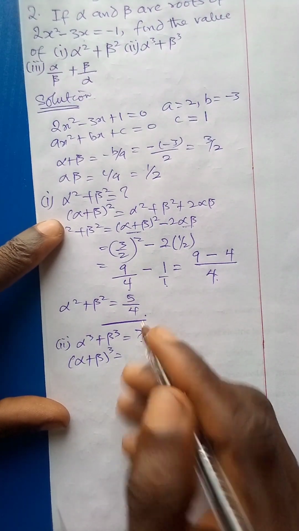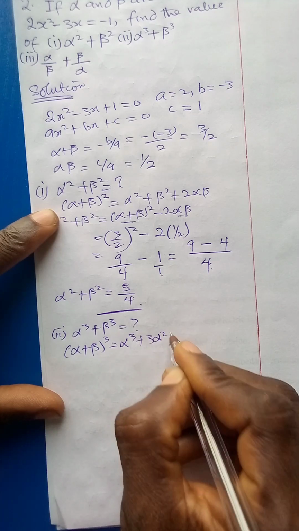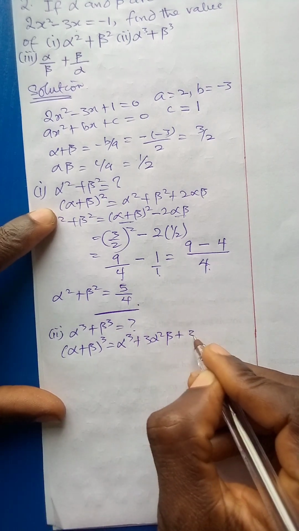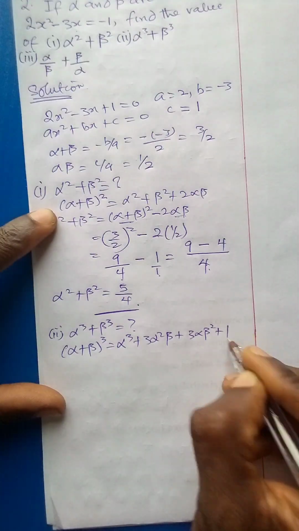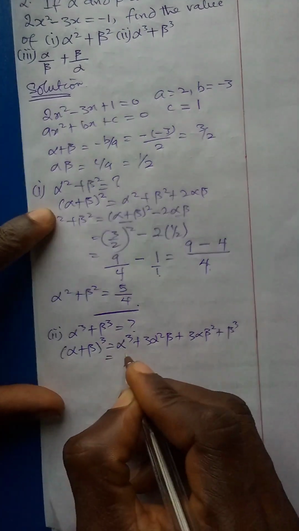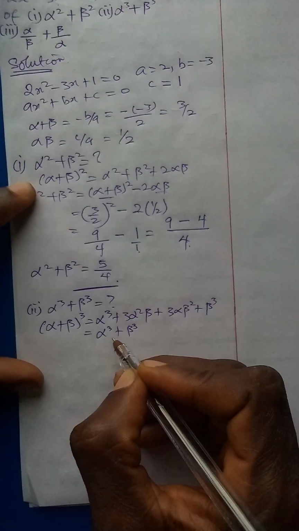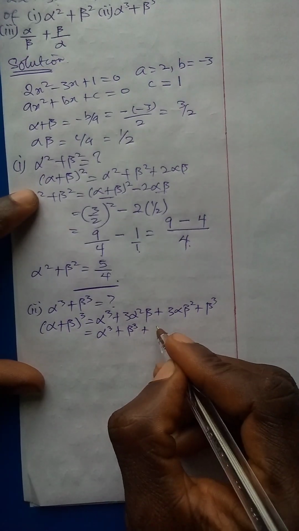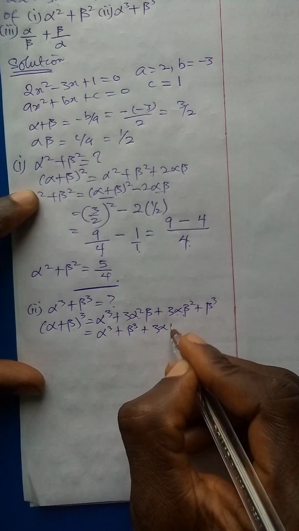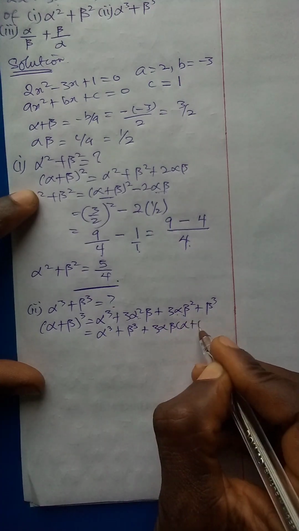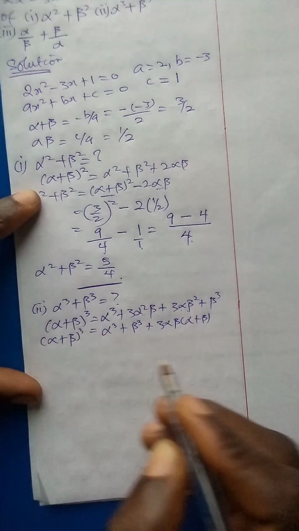Using binomial expansion again, I have alpha cube plus 3 alpha squared beta plus 3 alpha beta all squared, then plus beta cube. So we now have alpha cube plus beta cube, which is what we are looking for, then I will factorize 3 alpha beta from these two. 3 alpha beta remaining alpha plus beta, and then equate it to alpha plus beta all cube.